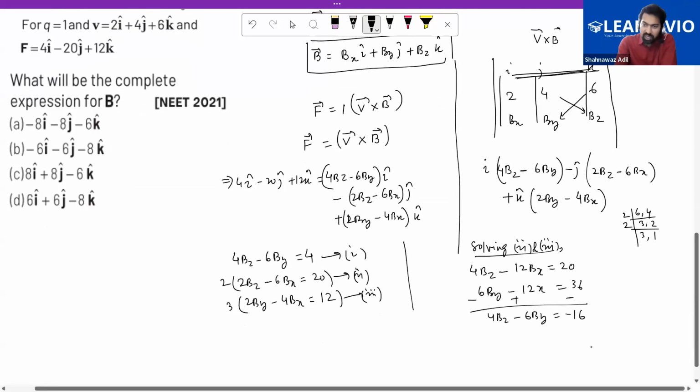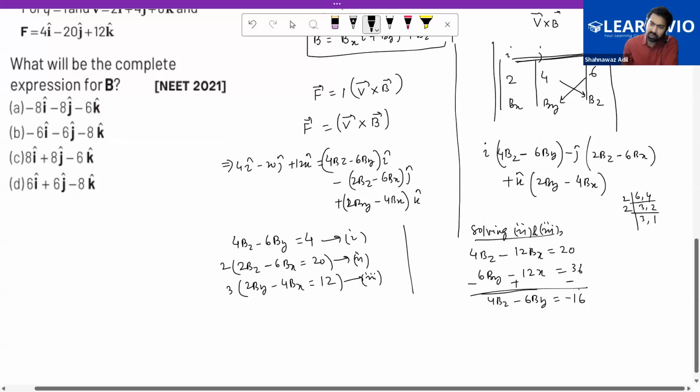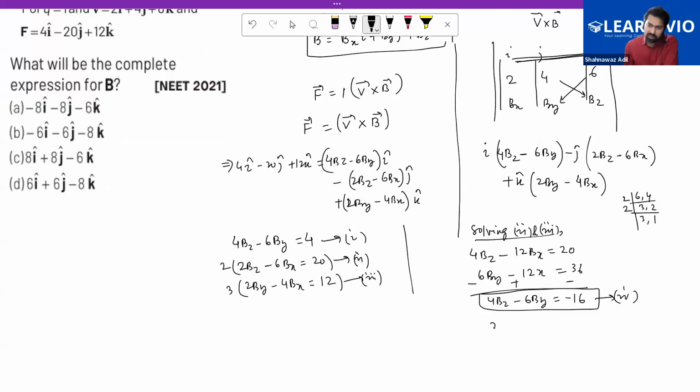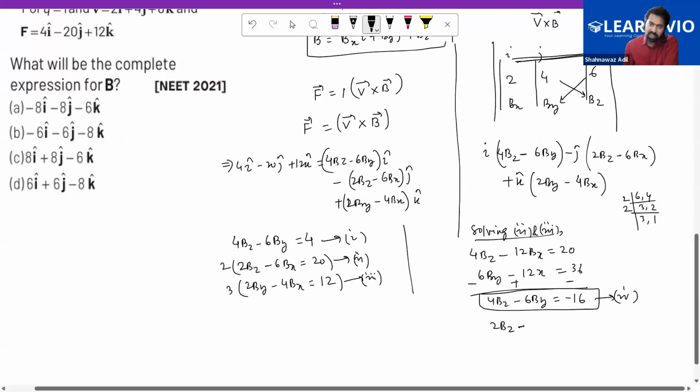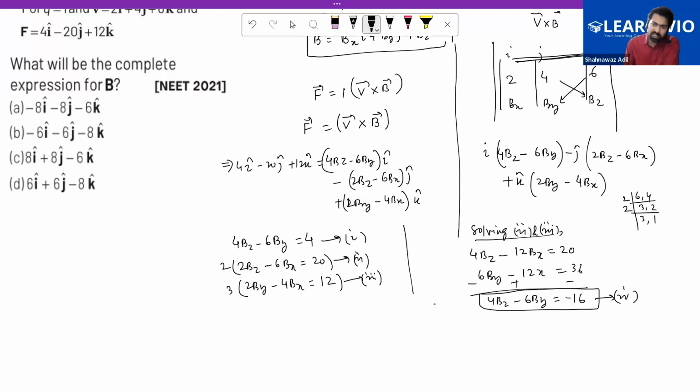So what do we have? So this is our fourth equation, right? We can take 2 common. So this is 4bz, so we can keep it that way. So this is 4bz minus 6by, and this is 4bz minus 6by. Oh, these both are same, right?